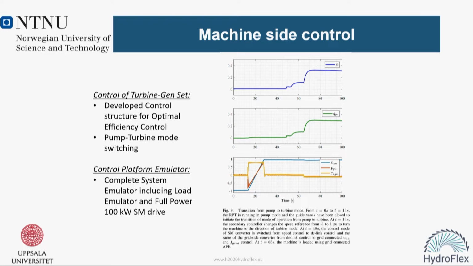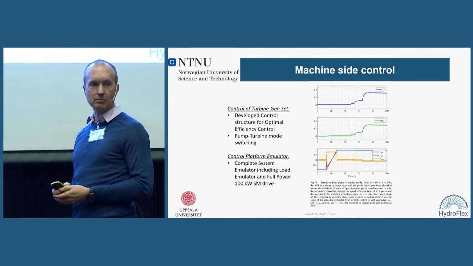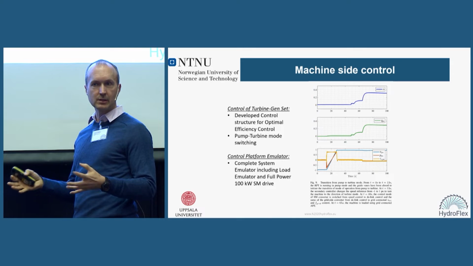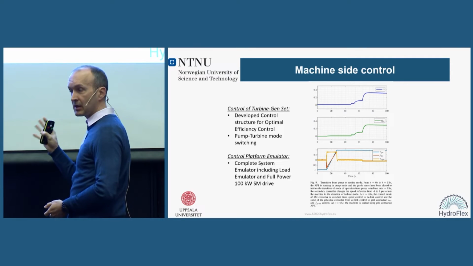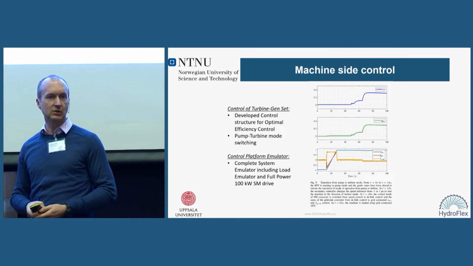And the question is then, how do you implement the controller? How do you make sure that this doesn't cause any problems again for the waterways? That can be quite a challenge. This, of course, relates to the high ramping rates that Hydroflex was covering. You want to be able to go from pumping to generating very fast. And with variable speed and full power converters, you can really make this transition much faster.